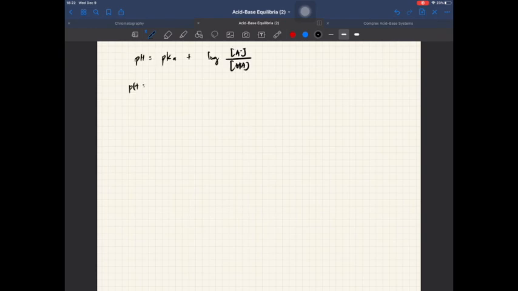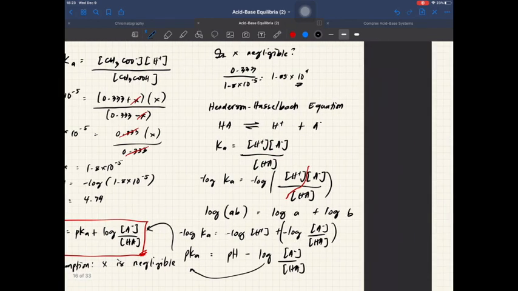Take note that Ka is given, and the concentrations of A minus and HA are given. A minus is the conjugate base, and this one is the acid. So we have pH is equal to pKa, which is negative log of 1.8 times 10 to the negative 5, plus log of the concentration of the conjugate base.